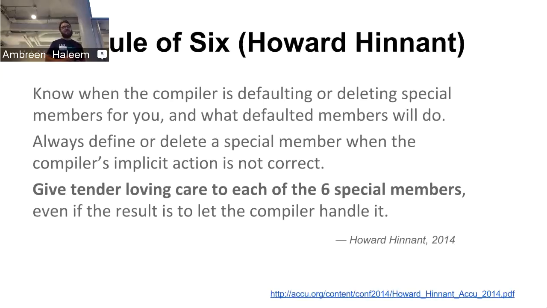His advice boils down to: if you're implementing a class of any sort for any reason, give tender loving care to each of the six special member functions and really think about it and make sure it does exactly the right thing for your purpose. Maybe that means implement it yourself, maybe that means know what the compiler is doing and let it do its thing.